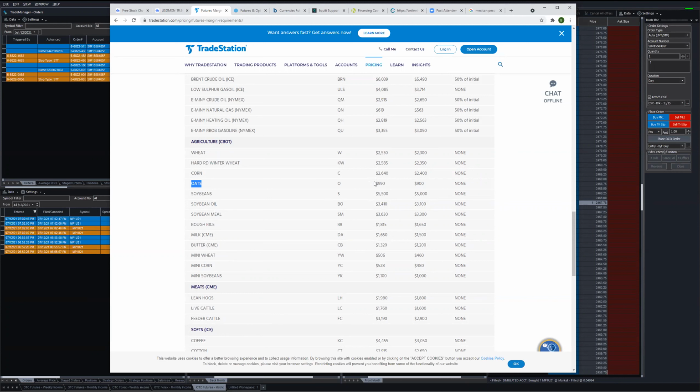Something we can add, and you look at the margin requirement, it's really nothing. Everybody who's trading should be able to trade oats, right? And you have soybean oil, meal, rough rice, whatever that is, right?